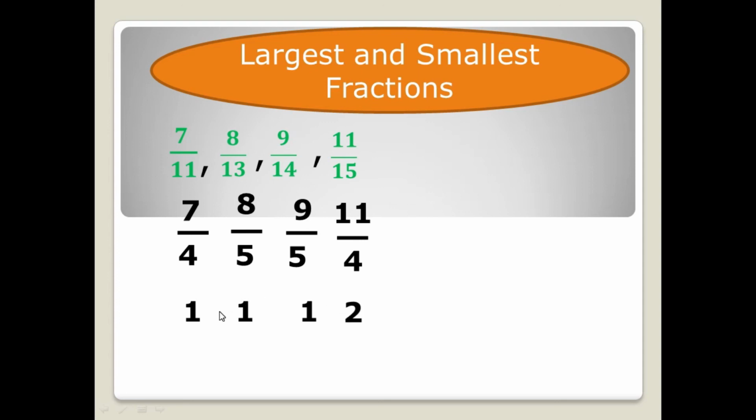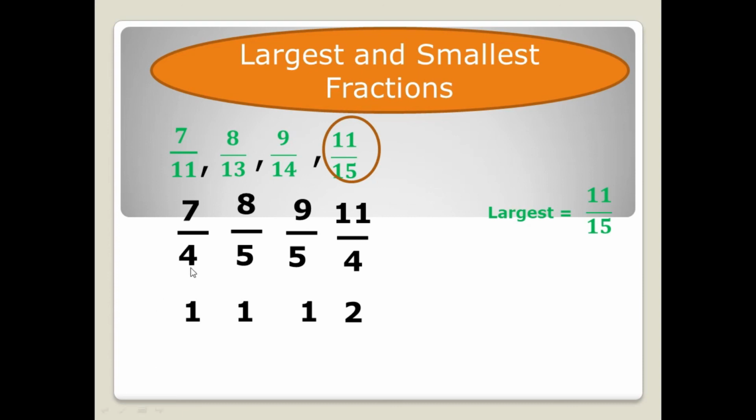So through the simple method we can at least find the largest fraction. We know that 2 point something would be the answer, so the largest fraction is 11 by 15. Now we can solve further.